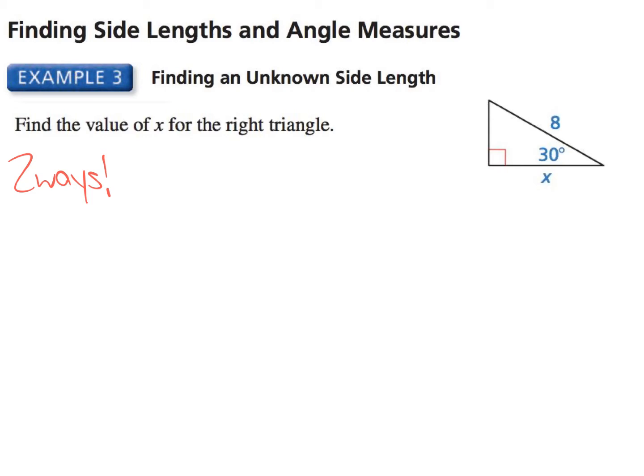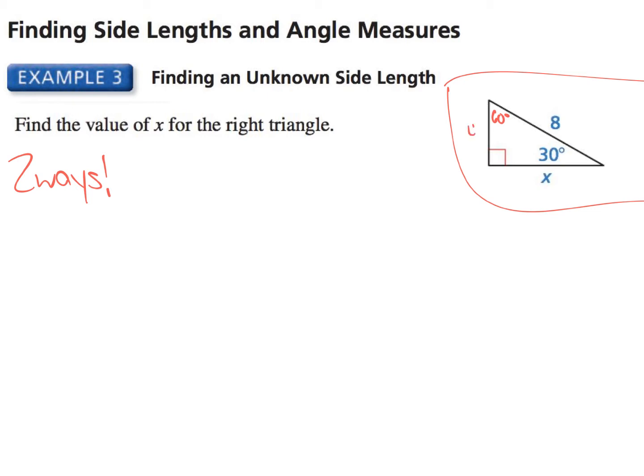So the first thing we see is this is our triangle, and we need to find the value of x. Now, if you see, that's a right triangle that has a 30 degree. That means that this right here is a 60 degree. If you look back into your notes, the 30, 60, 90, whatever the side length of the hypotenuse, in this case 8, the side that is across from the 30 degree angle is half of it.